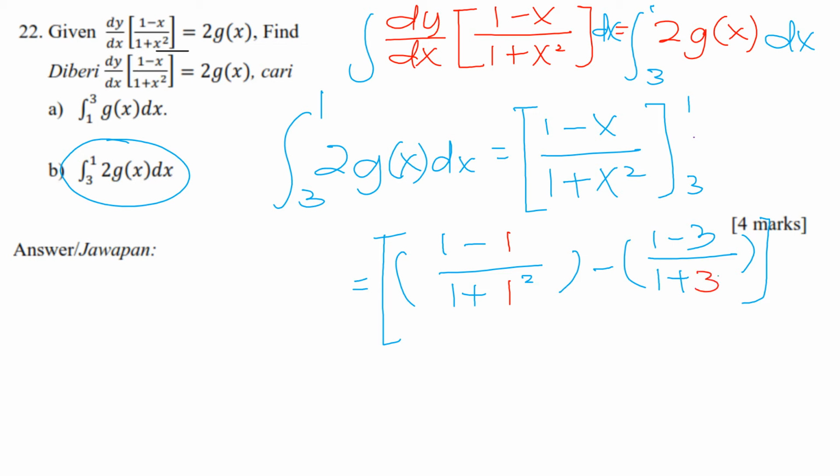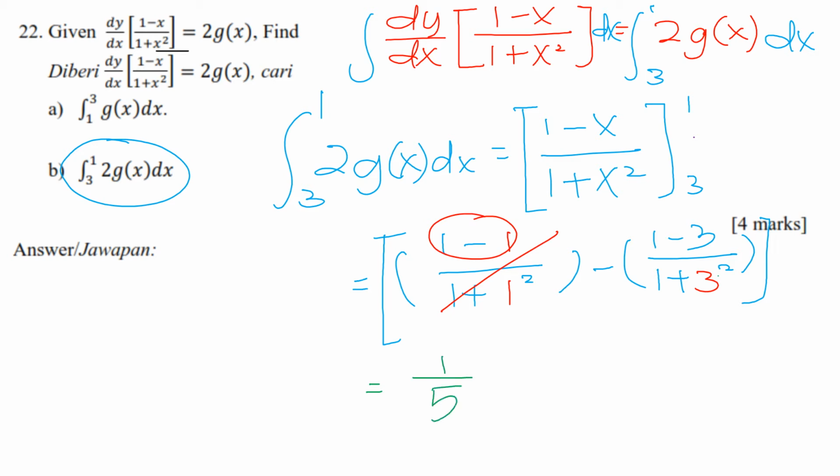When you solve this one, the whole of this portion is 0. Why 0? Because 1 minus 1 is 0, and 0 divided by anything, you'll get 0. So then your answer should turn out as 1 over 5.